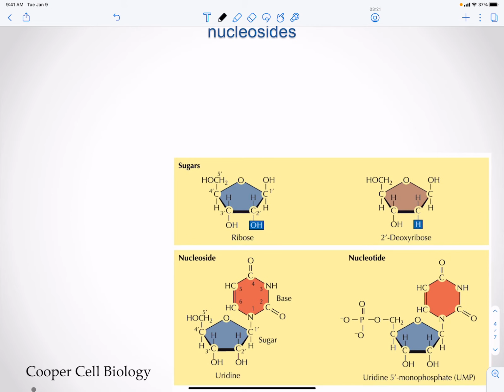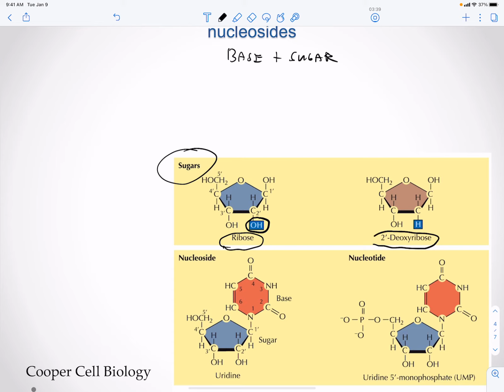Okay, so let's talk a little bit about nucleosides. Nucleosides are basically a base plus a sugar. And so here we have our sugars. We have our ribose, which on that 2 carbon has an OH group. We have our deoxyribose, which on that 2 carbon has lost that oxygen, so it becomes hydrogen.